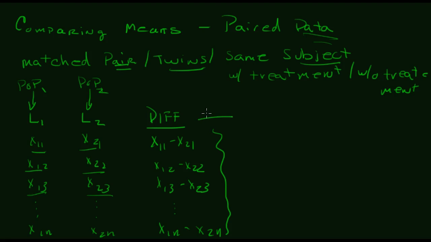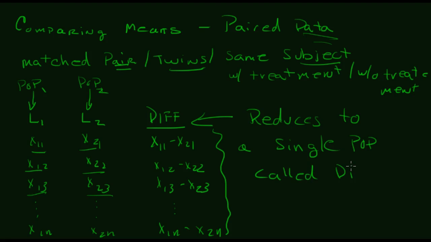So how do we handle this? Well, this now reduces to a single population called diff. What we're going to want is to make inferences about mu of the difference and the standard deviation of the difference.